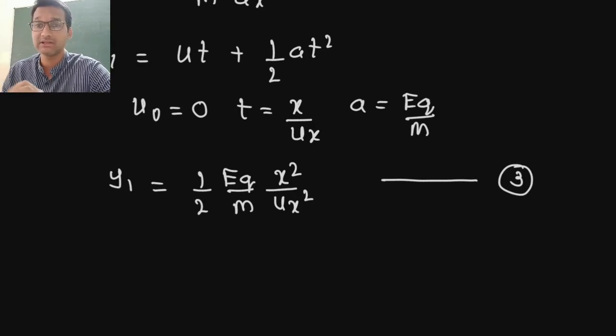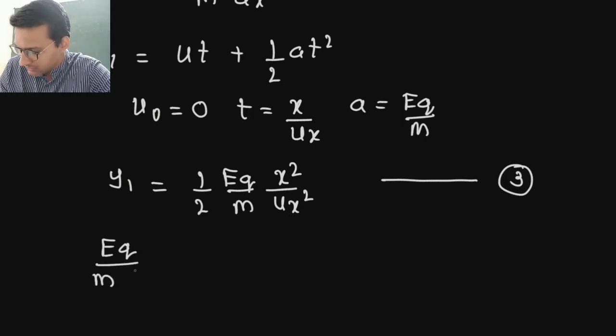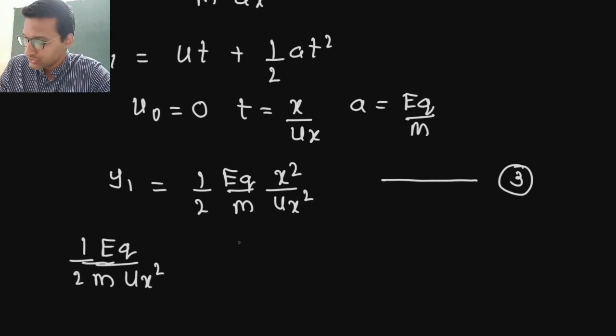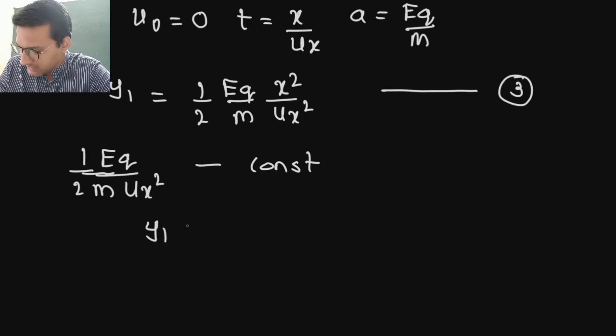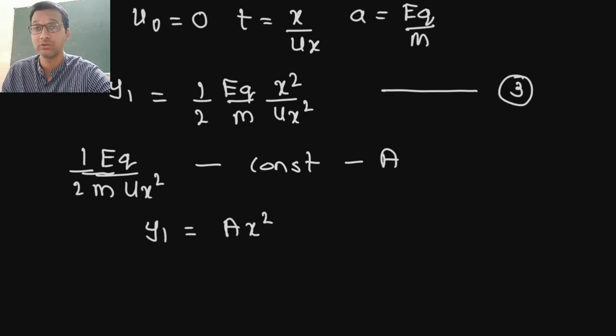It will also tell us about the path of the particle. Now see, in this eq by m and ux square, all these things are constant. Even that 2 is also constant. So we can write y1 is equal to, let us call this constant as a, a into x square.